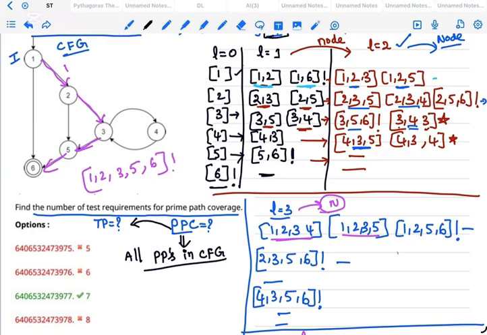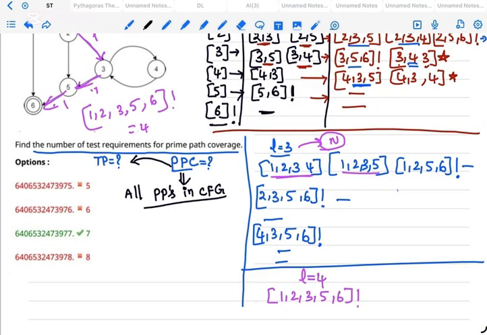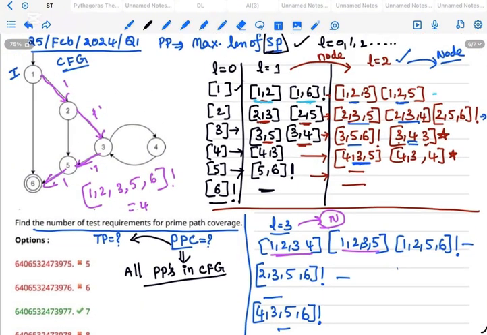This length becomes 4, right? If we add all the length it will become length 4. Is there any other path possible with 1 2 3 5, 1 2 3 5 6? No, no other is possible. This cannot be extended, right? 1 2 5 6 cannot be extended. After 6 no nodes are possible.